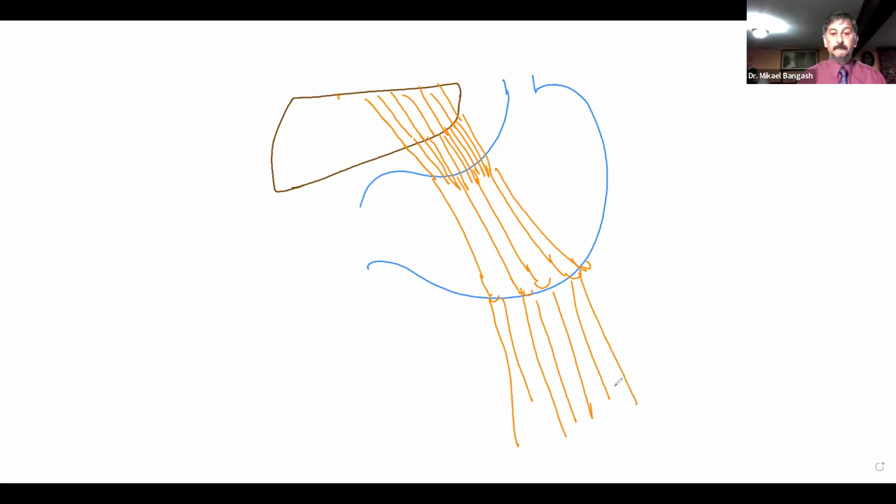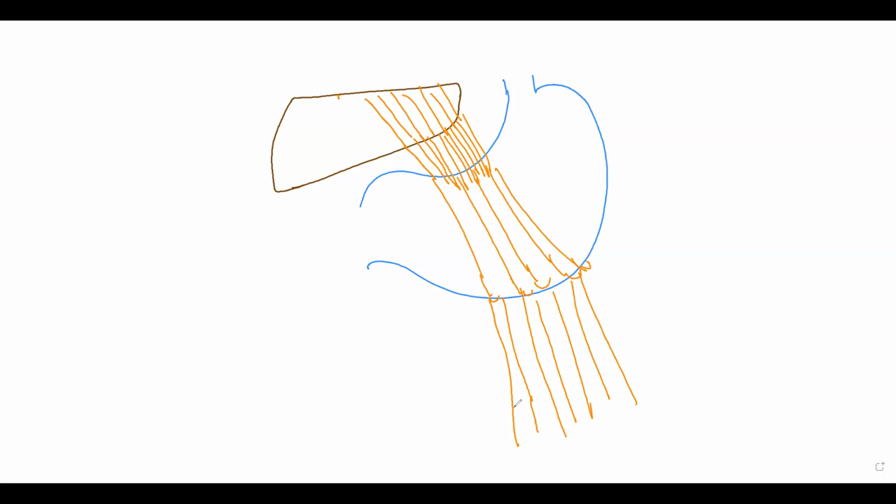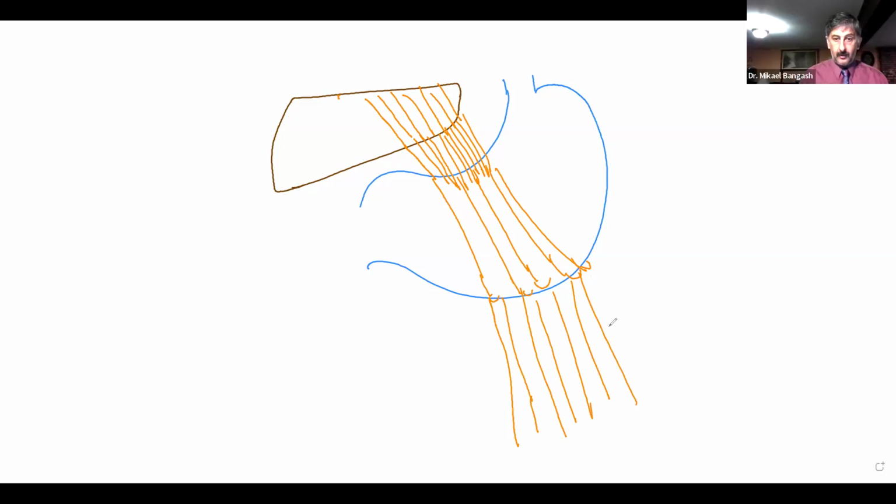Clear? Yes. Good. And here, this is going to be hanging between your anterior abdominal wall and other structures in the abdomen, like the large intestine and loops of the small intestine.